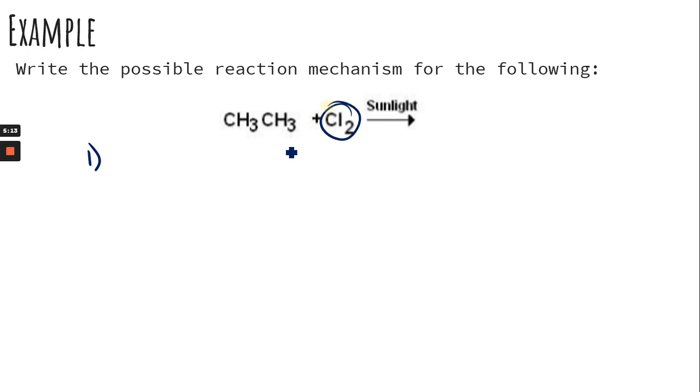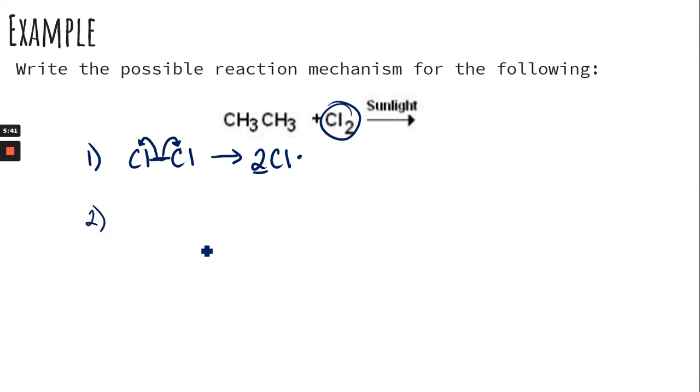So we're going to take our chlorine molecule and we're going to form those two chlorine radicals. So we're going to take that bond that they have and one electron stays with one chlorine, the other electron stays with the other chlorine. And so that's how we get our two chlorine radicals.